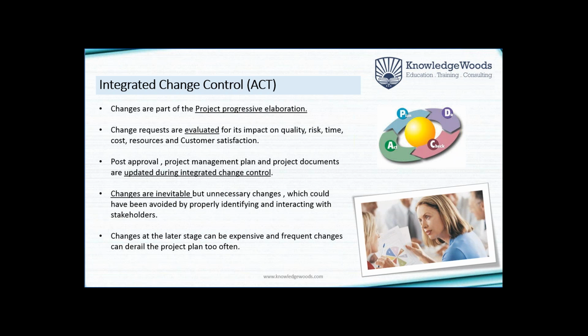If the effect of one is not reflected in the other area, the project will not move in a unified, cohesive way, right? You are just taking care of one area and it is not getting reflected in the other area. Means you have taken some steps but then you have not got the cost revised or the timelines revised, right, etc. So this is basically the integrated change control.